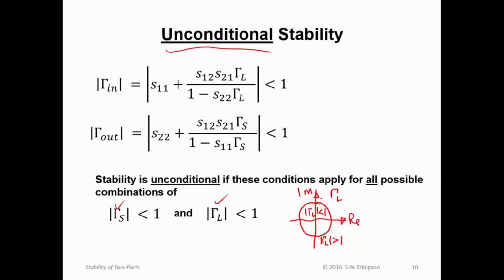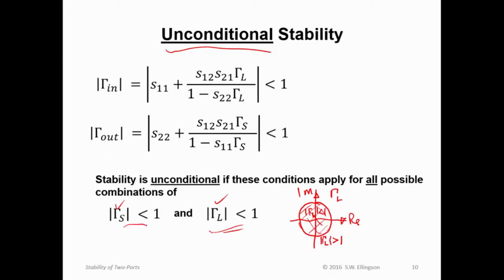Now, reasonable load impedances, as we've described here, are going to be those for which the value is inside this circle. So what we're really saying is that we end up satisfying these equations for all possible values of gamma sub L which are reasonable, that is, fall within the unit circle.